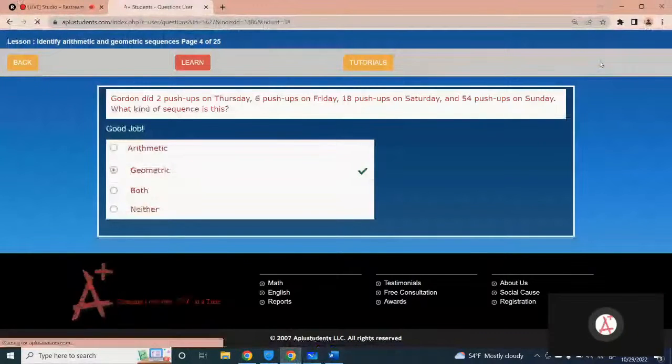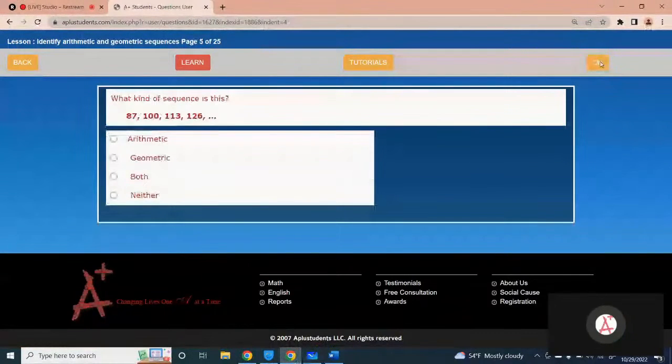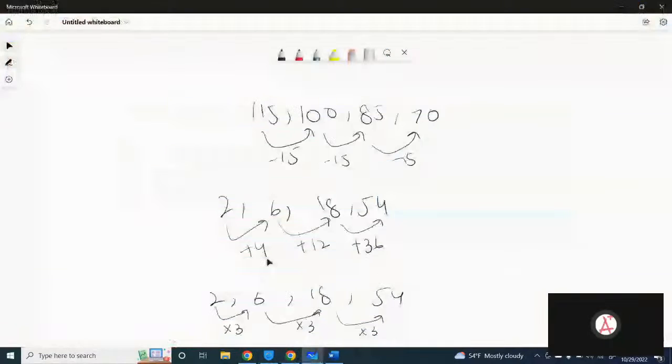The next one is, what kind of sequence is this? 87, 100, 113, and 126. So it is arithmetic because the numbers are increasing by the same value. That would be, I think, 13. Let me just confirm.